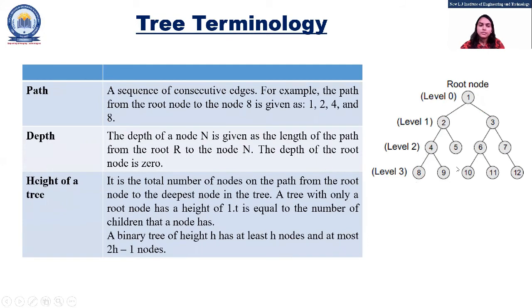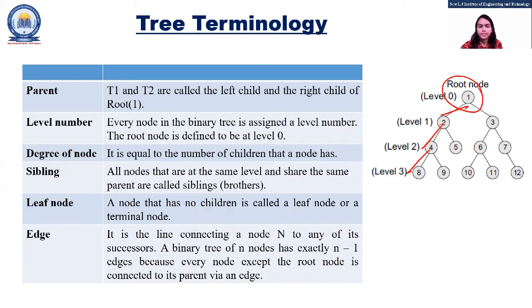What is a path? A sequence of consecutive edges is a path. For example, the path from the root to node 8 is given as 1, 2, 4 and 8, right? So it is consecutive edges, and each edge is a single line connecting a node to its successor.